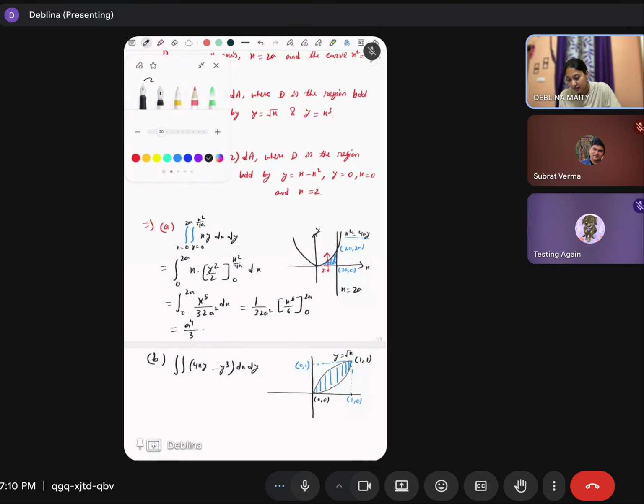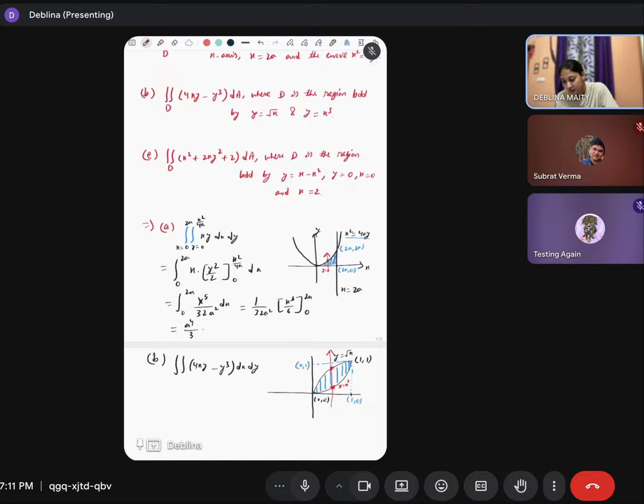For y, looking in this direction, y first meets this curve, y equals x cube, and where the region ends, y is root x.